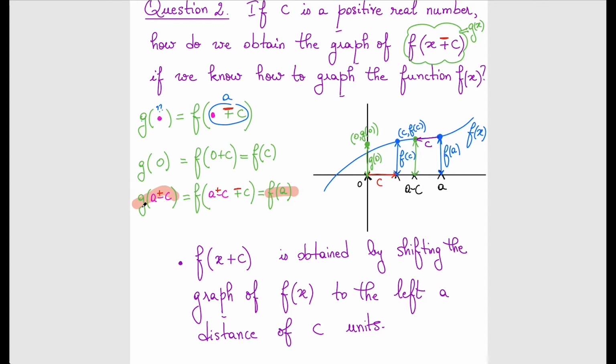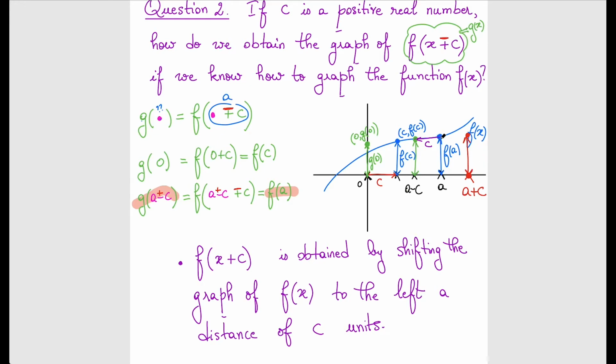So what g is going to produce at time a plus c, and a plus c is over here, right? That's time a plus c. What g is going to produce at time a plus c is what f produced at time a. Now this is going to be produced at time a plus c. So the height is going to be over here, right? This output is going to be over here now for the graph g, which is with the minus. So now there's going to be a delay in the output for this function g, right?